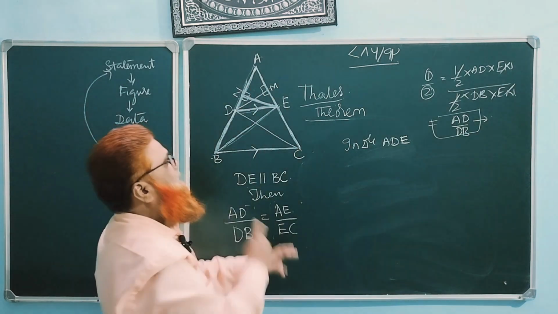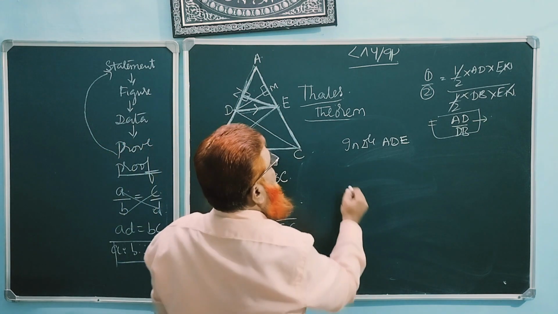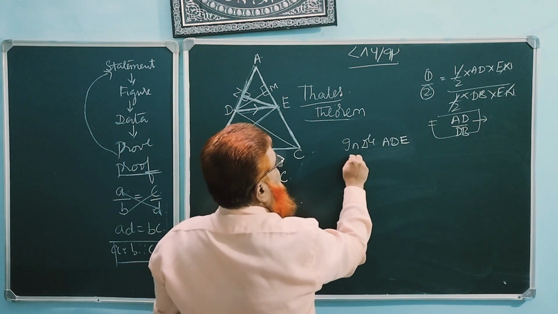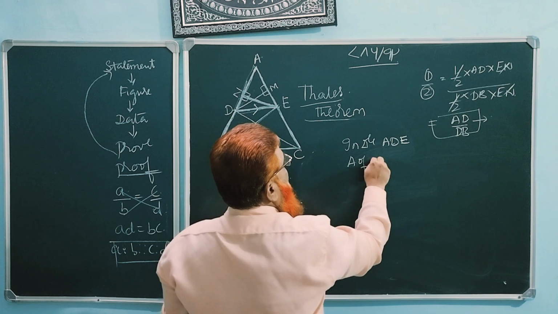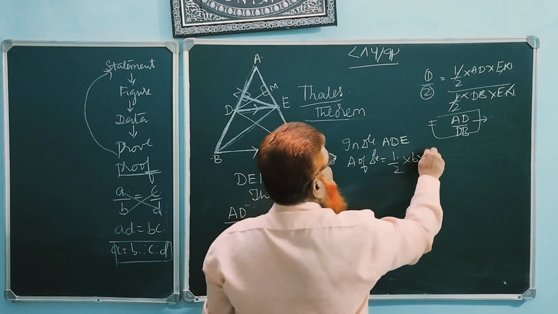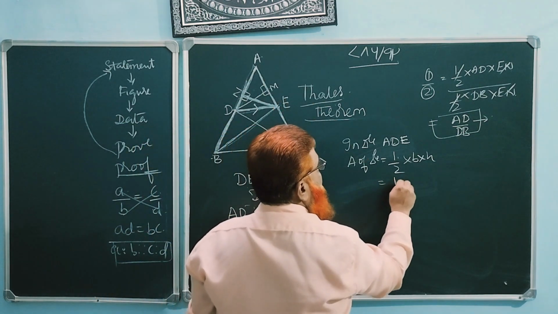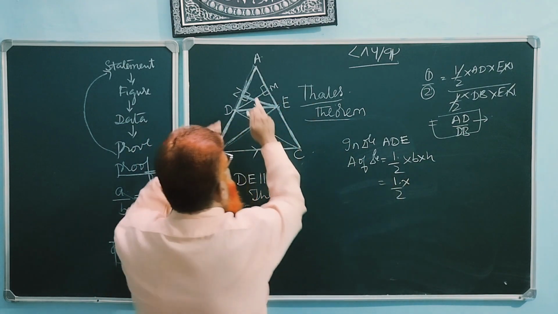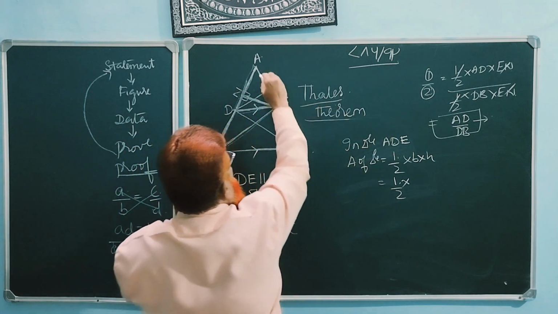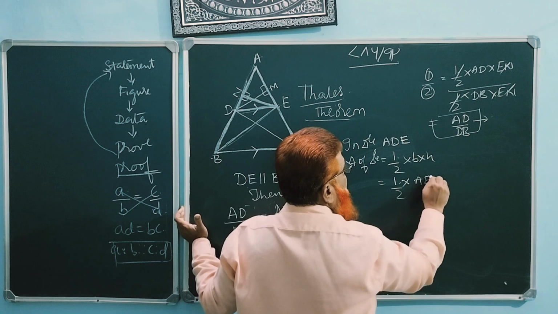In my first part, I took the base as AD. Now the area of triangle is equal to half into base into height. That is half. What is the base? This side I am taking. This base is AE. Okay.